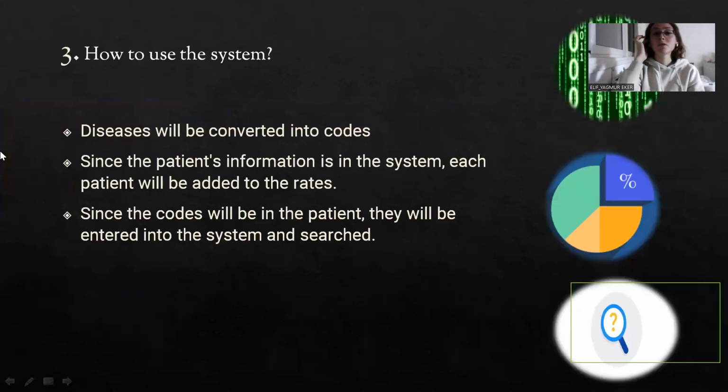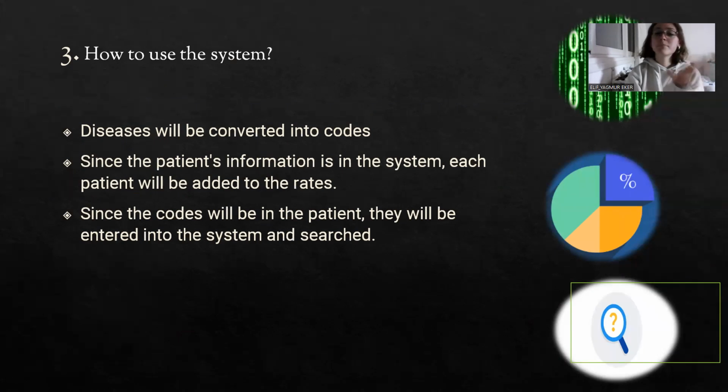Our third question is how to use the system. It's really easy, really. Doctors will give the information about the patient's illness as a code. That code is like 1, 2, 3, 4. You understand?